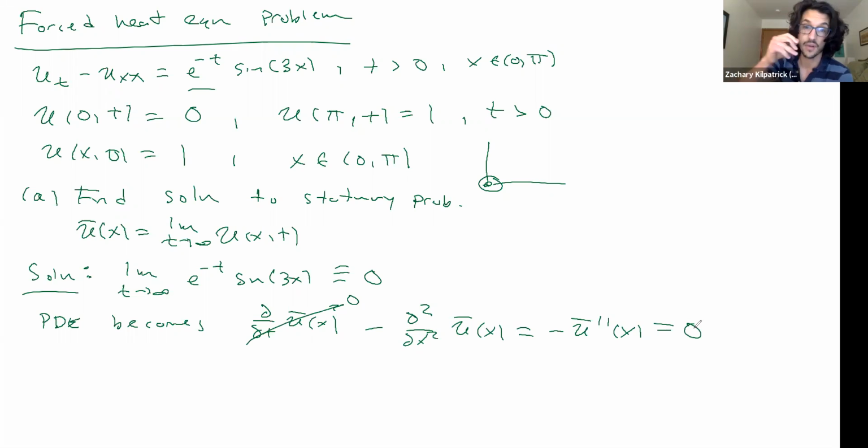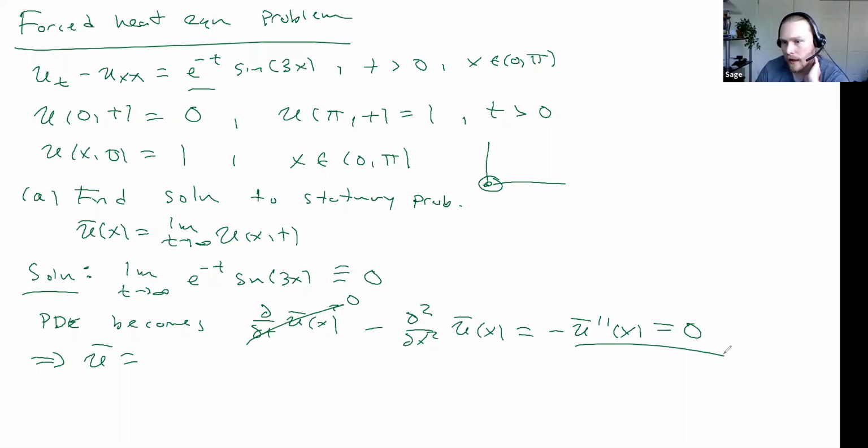So we just have an ODE, okay? For u bar, the general solution to this, what's that going to be? Ignoring the boundary conditions for now. What's a function where if I differentiate it twice, I get 0? Line. Yep, ax plus b.